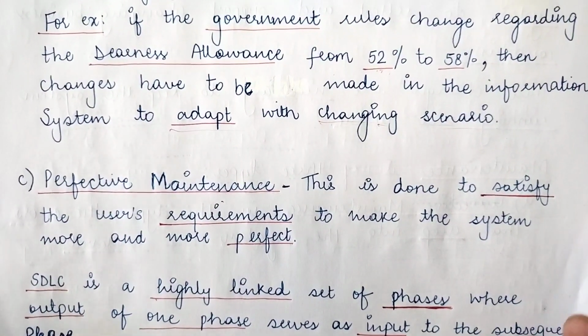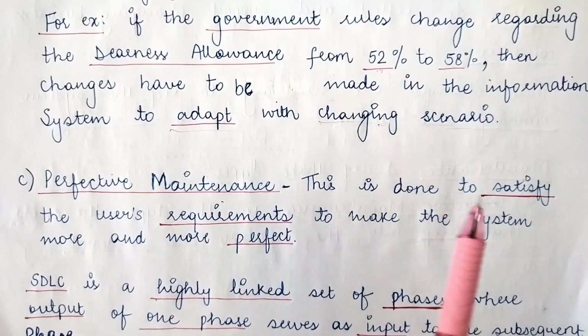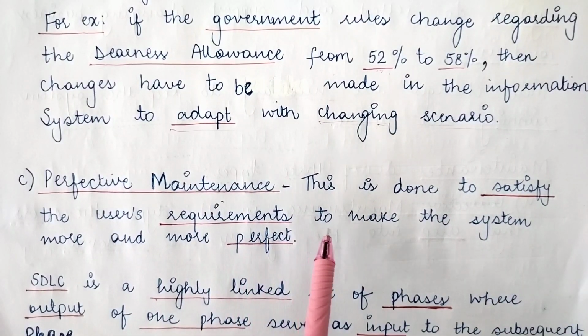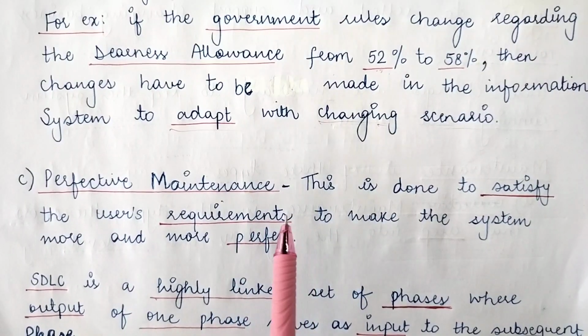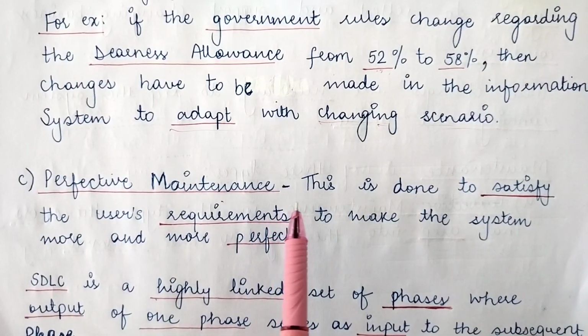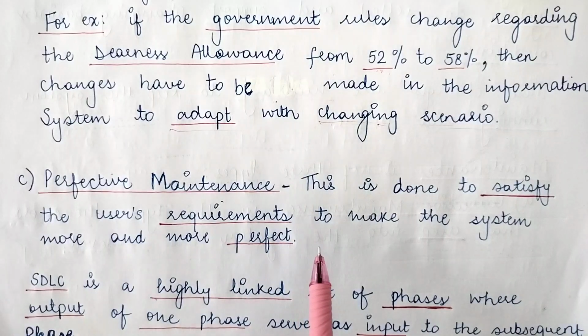The third and last kind of maintenance is the perfective maintenance. This is done to satisfy the user's requirements and to make the system more and more perfect. The particular information system may be satisfying the user's requirements, but with time the satisfaction level of the user decreases and he says, okay, this is good, but if you add these new features to the information system, it could become even better.